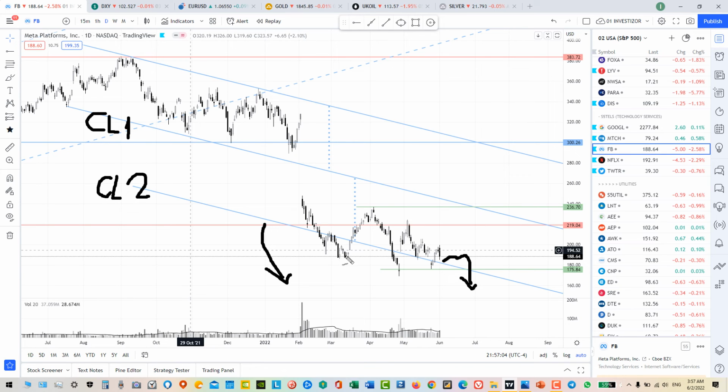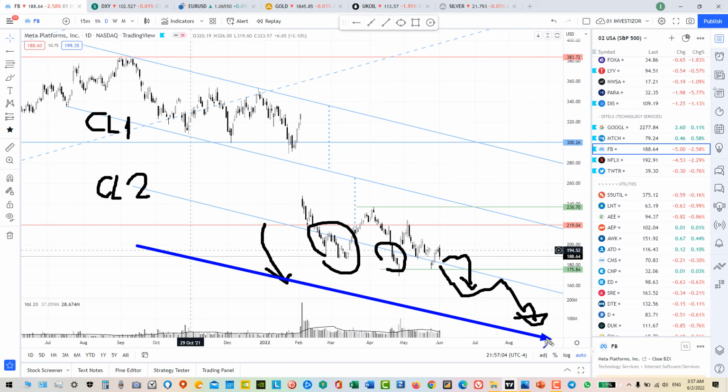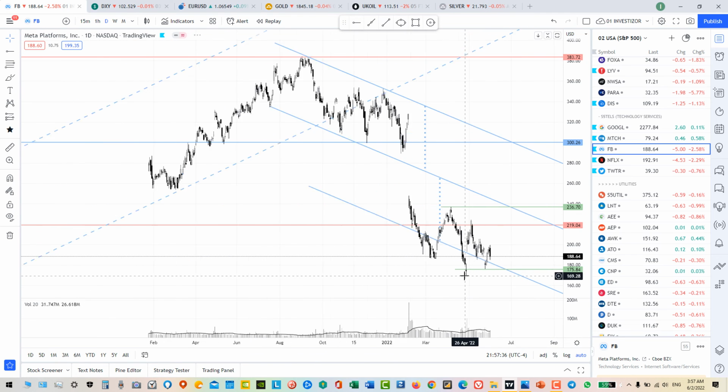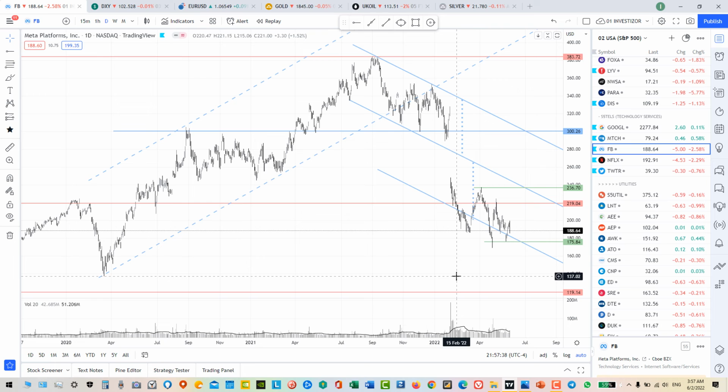So if it broke again, but with a confirmed break and retest and resume, this may force us to draw a third channel line, trying to conclude where the lower targets may come. And I think it may be around 140, 125.